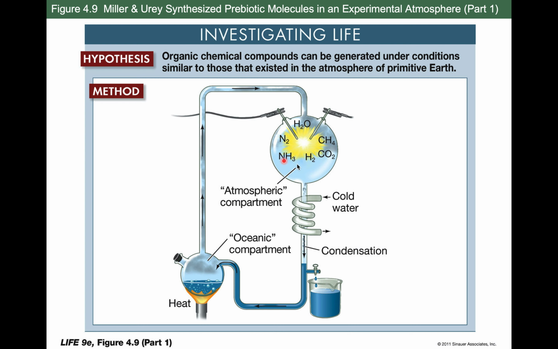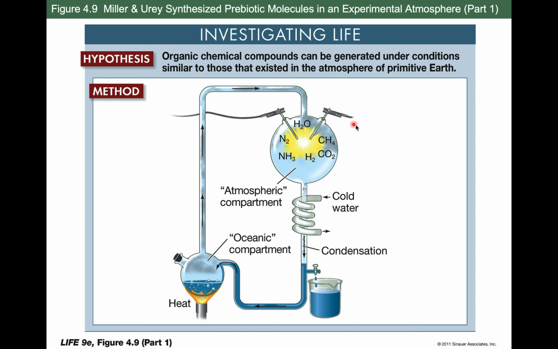They had their atmosphere that contained gases in proportions that were believed to exist in the atmosphere of early Earth. They had an ocean compartment down here, basically just containing some salt water that's being heated to give evaporation. So we're getting that moisture up into the atmospheric compartment. There's a condensation tube here to simulate rain.